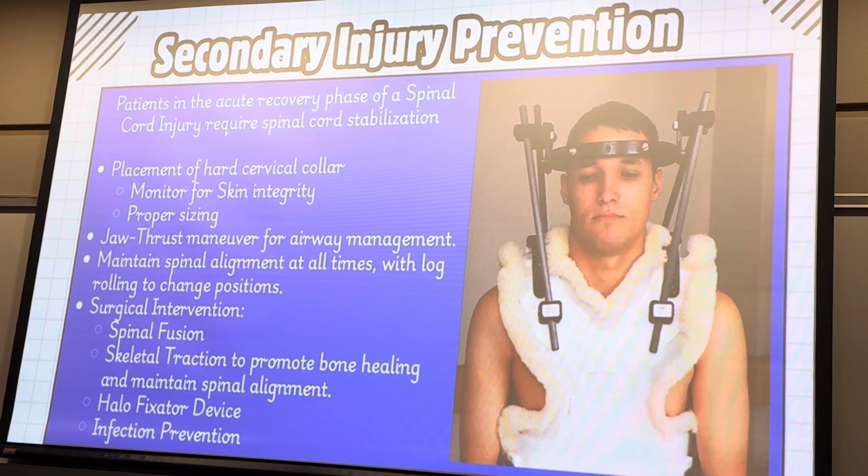To get that tongue up and back and out of the way so I can provide adequate breaths with that ambu bag. Don't want to do that here. I could cause an injury to that cervical spine, to that cervical column, increasing the effects of that primary injury. So I want to maintain that spinal stabilization by using just a jaw thrust maneuver. Not quite as effective, but still effective.